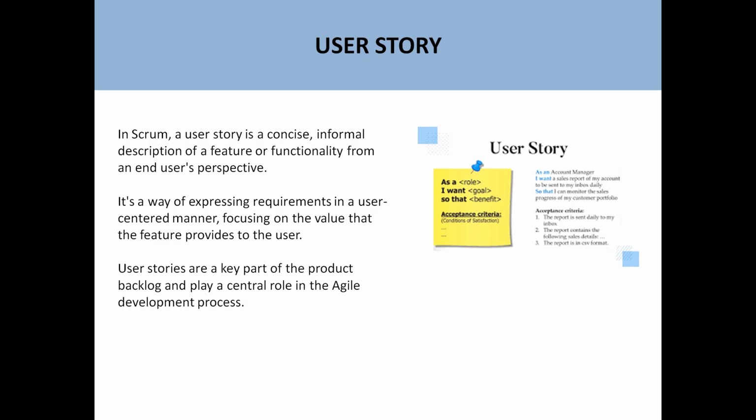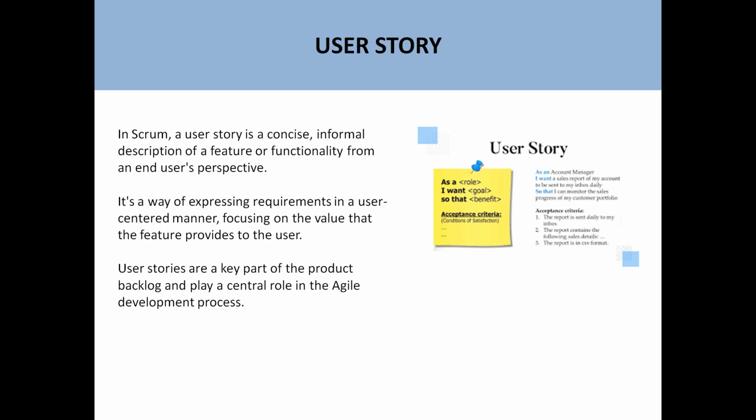This is also a feature, which is why it is called a user story. The customer can add a product or an order to the cart. This will also be considered a feature. So basically, a user requirement or feature or functionality is called a user story in the general sense.